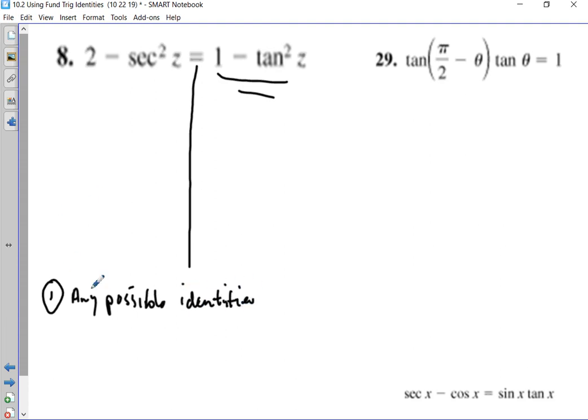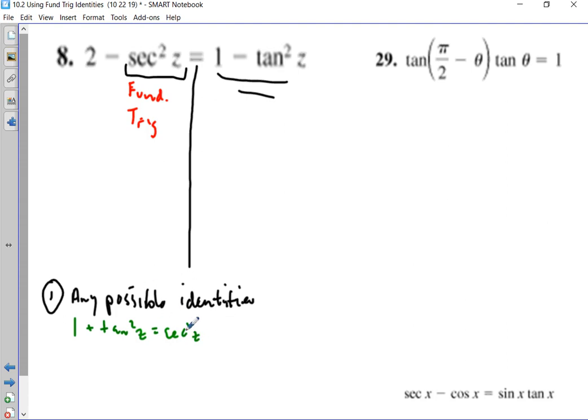So right here, let's see if there are any possible identities. Well, 2 is 2. Then we have negative secant squared. Secant squared, yes, that is a possible identity. If you remember, one of the fundamental trig identities is 1 plus tangent squared of z equals secant squared of z.